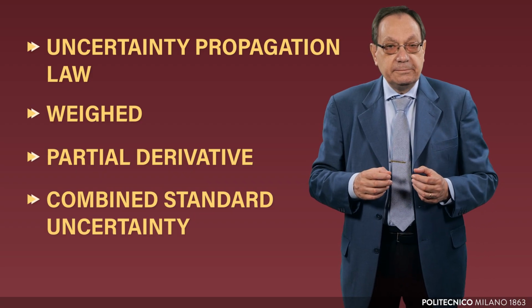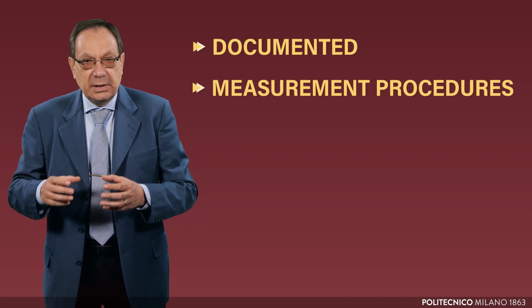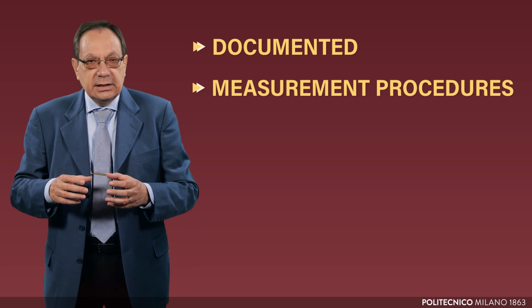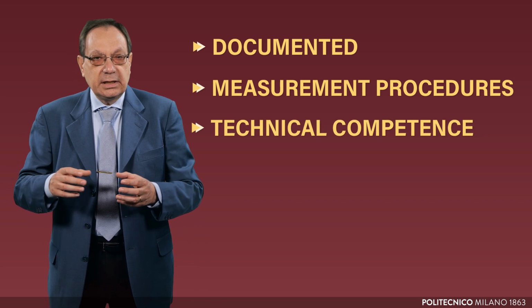calibration of that quantity. The definition of metrological traceability contains another important point. The calibration chain, as well as being unbroken, must also be documented. The VIM, in another note to the definition we have seen, explains its meaning, establishing that the measurement uncertainty must be documented, that the measurement procedures used must be documented, and that the technical competence of those carrying out the measurements must be accredited.